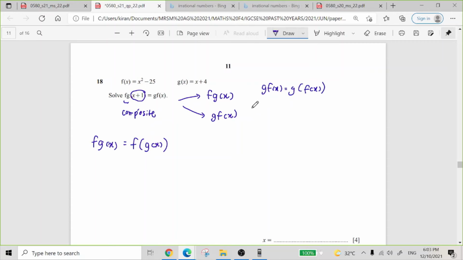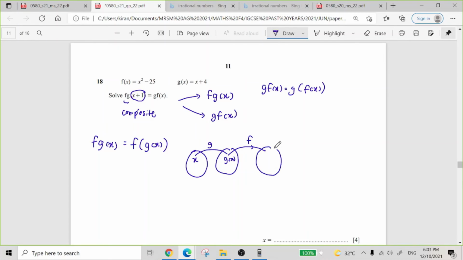If I draw an arrow diagram, we start with x, go through the function g, and get g(x) here, and then we go through the function f.